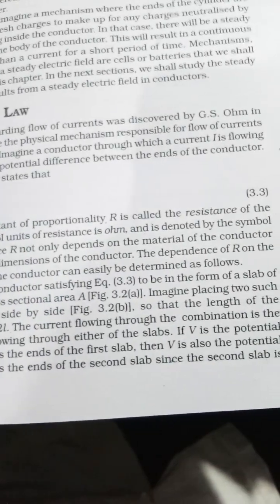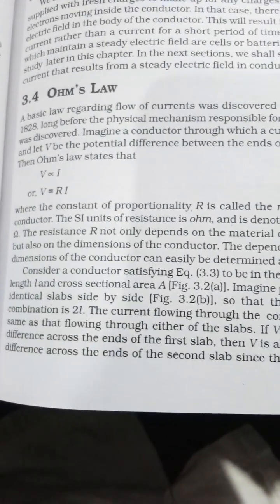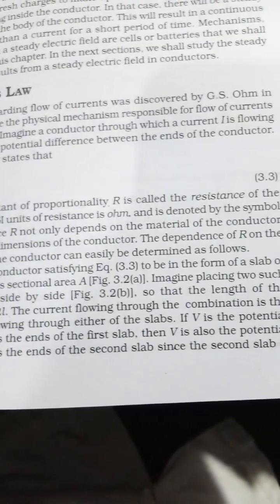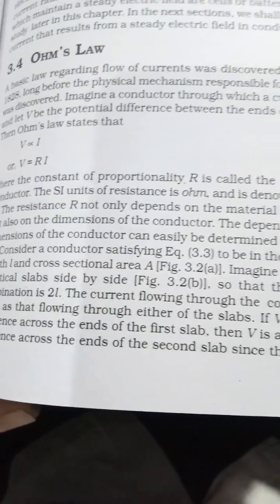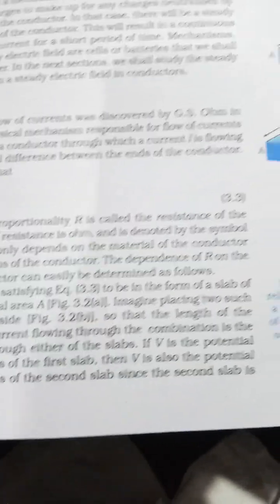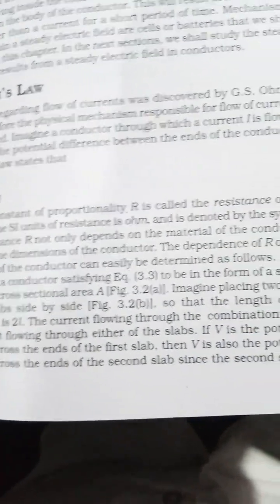Now place two identical slabs side by side, so that the length of the combination is 2L. The current flowing through the combination is the same as that flowing through either of the slabs.